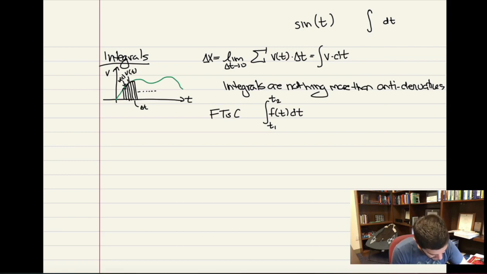So going back to our plot, I could have called this t1, then it looks like I stopped here. I could have called this t2. It's the span of times I'm finding the area underneath. In this case, it looks like t1 is 0 and t2 might be 6 seconds or something. So I could possibly write that the integral from 0 to 6 of v dt, for example.